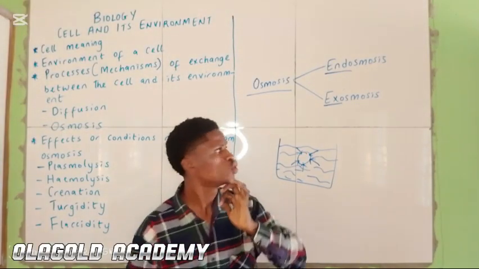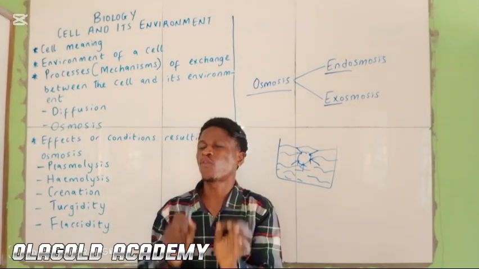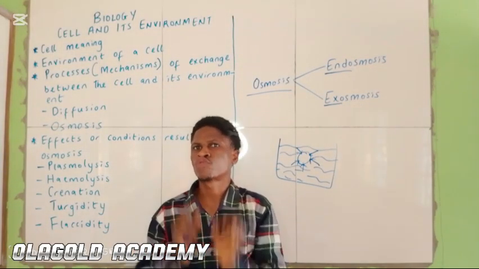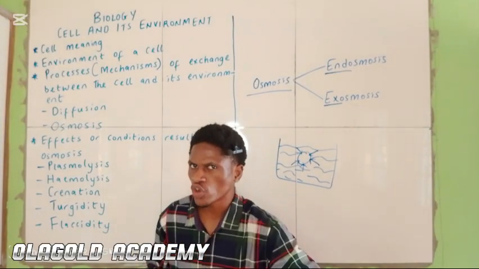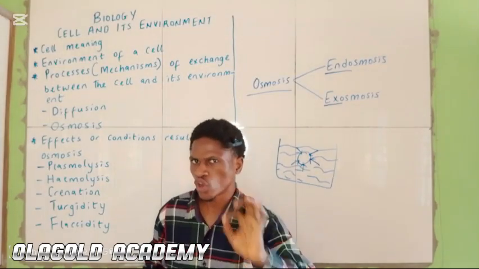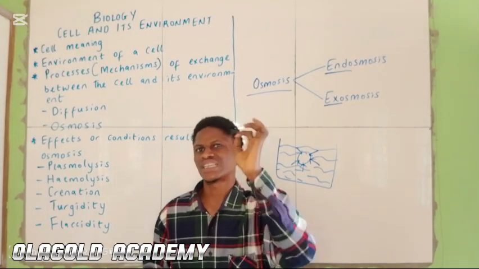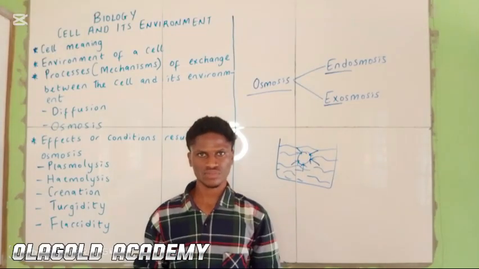I repeat, we can define osmosis again as the movement of water molecules from the region of low osmotic pressure to the region of high osmotic pressure through a selectively or semi-permeable membrane.